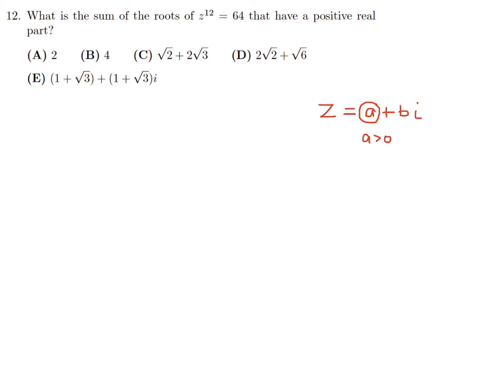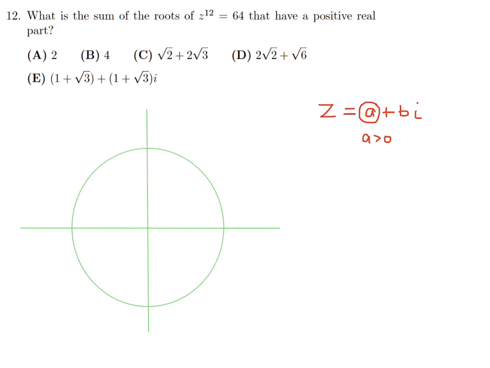Okay, well, I will show you what I think is a very nice way of approaching this question, less confusing: you put it on a standard circle. So here we go. And when you put it on a circle, each of these roots are going to be spread equally.